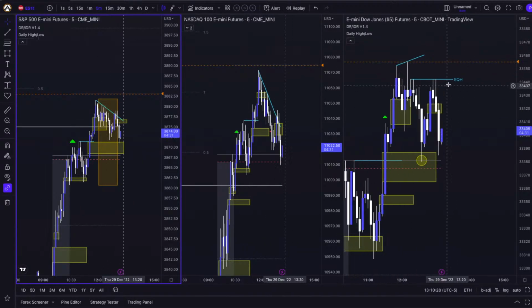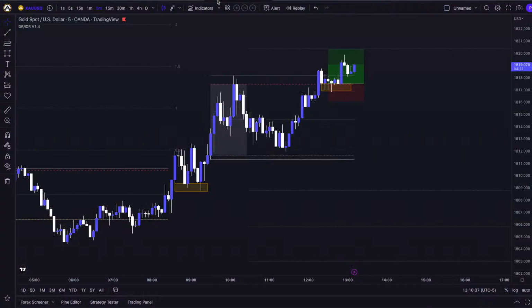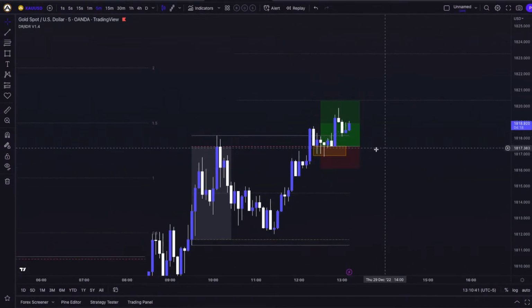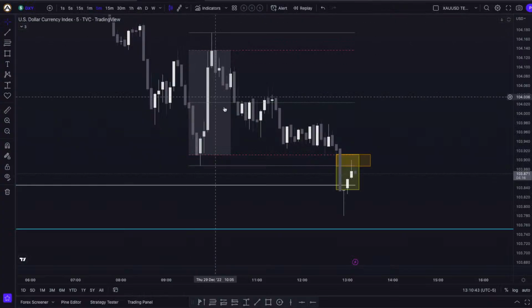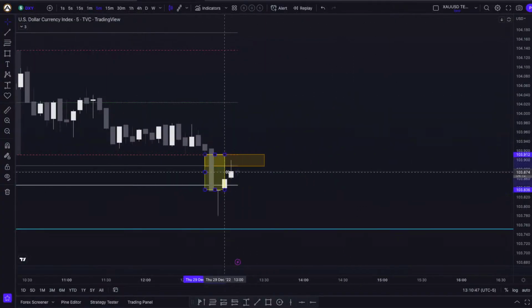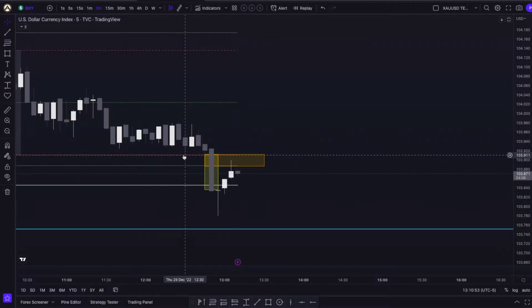We have those equal highs here on the E-mini Dow Jones, where we could see a reaction. Same here. Gold is still continuing, also a very similar setup. DXY is starting to be rejected from our fair value gap right here on the 5-minute time frame and from our DR low, IDR low range.